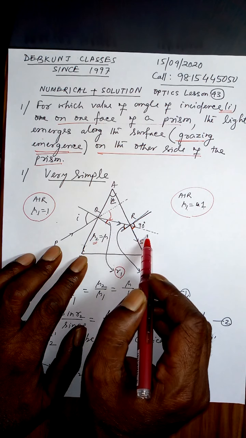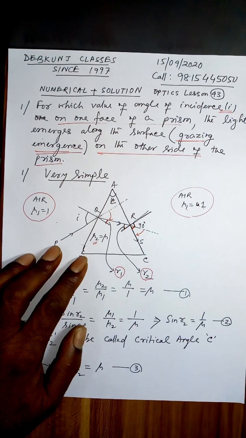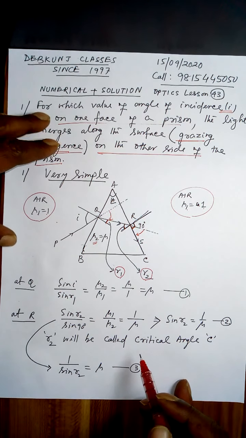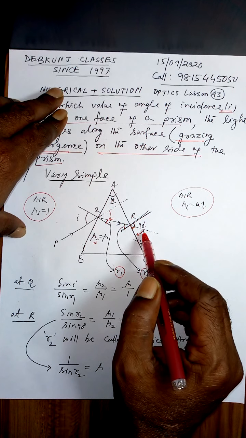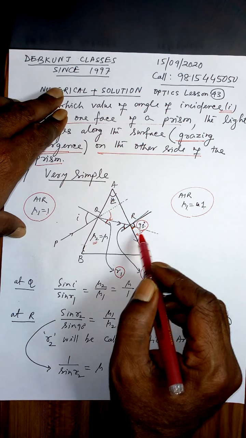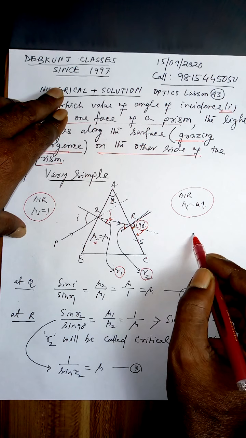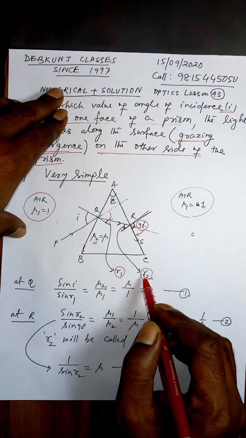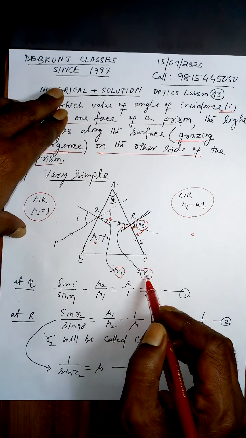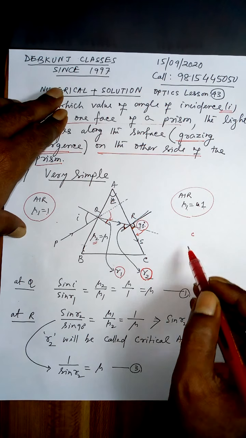Going from denser to rarer, it has bent away from the normal. Light going from denser to rarer medium, if the angle in the rarer medium is 90 degrees, then this angle is called the critical angle C. I have just represented it as R2, because in the final expression R2 will not be there.